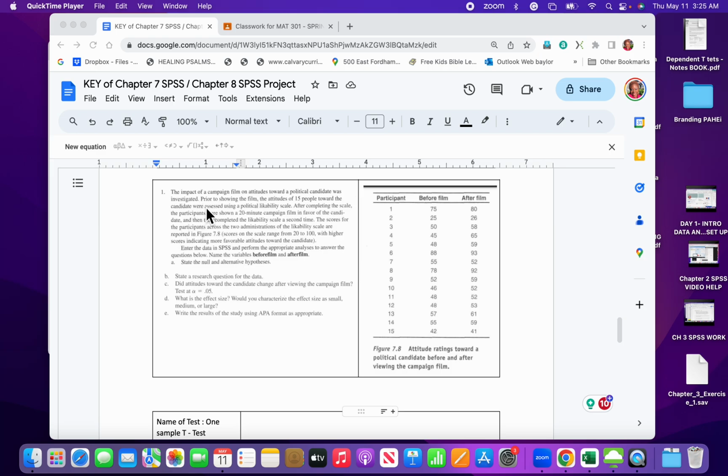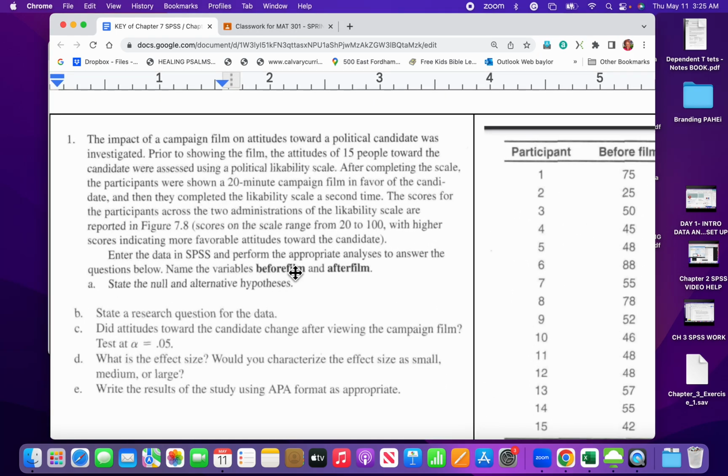It says the impact of a campaign film on attitudes towards a political candidate was investigated. Prior to showing the film, the attitudes of 15 people toward the candidate were assessed using a political likability scale.